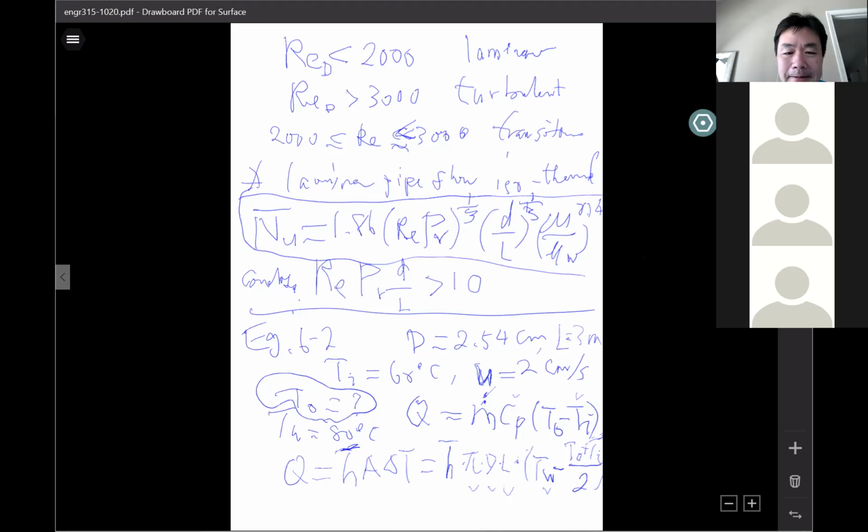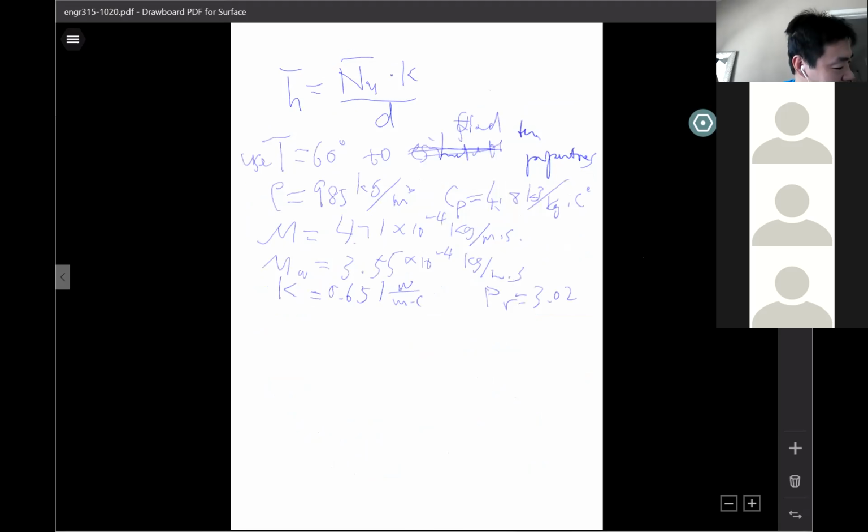So let's check that condition to see if that equation is okay to use. Reynolds number times Prandtl number times D over L. Actually, for this problem, equals 27.15 if you substitute all those properties in there.